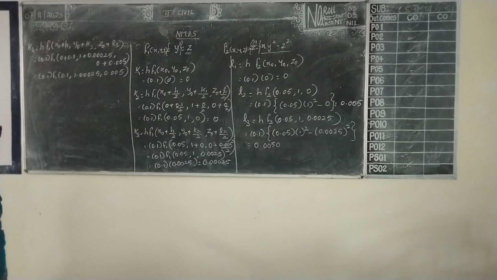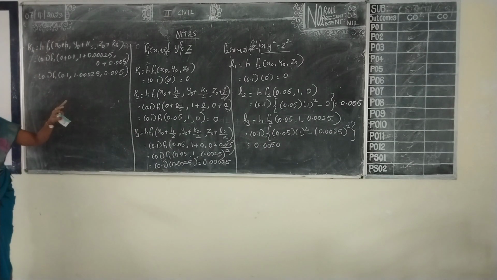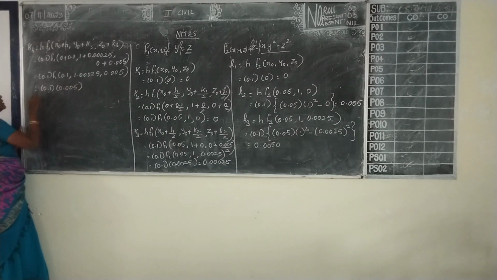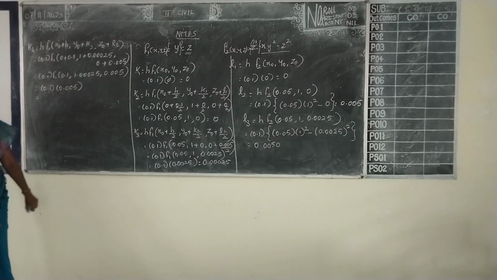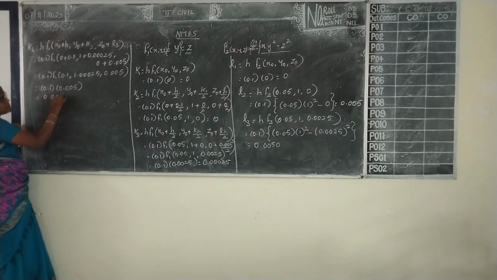F1 is equal to Z. What is the Z value? 0.005. So substitute 0.1 into 0.005. Why is it confusing? 0.005.